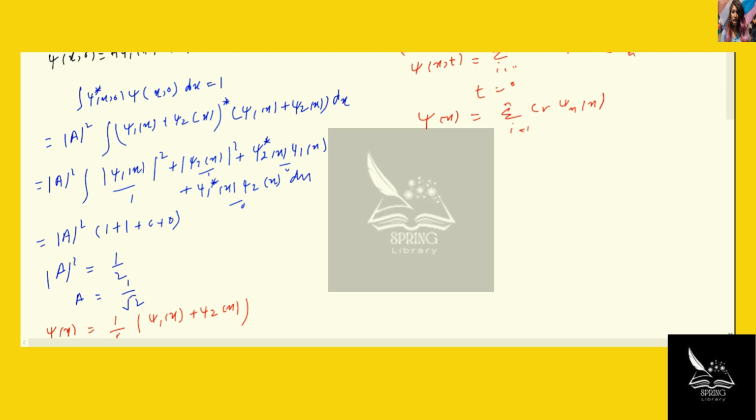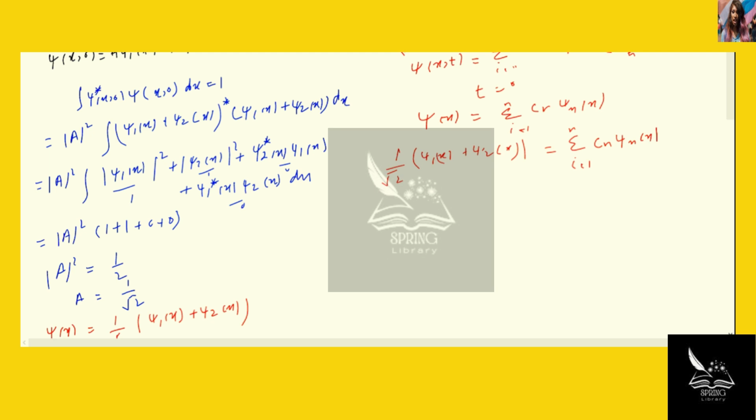So therefore this is equal to 1 upon under root 2 into psi 1(x) plus psi 2(x), equal to the summation n equal to 1 to N of cn psi n(x).